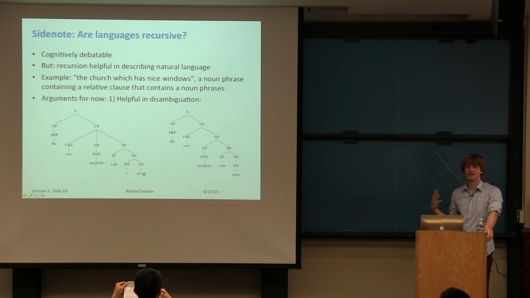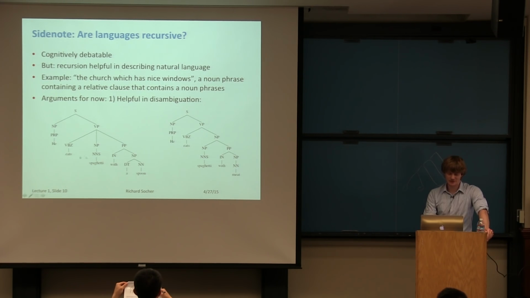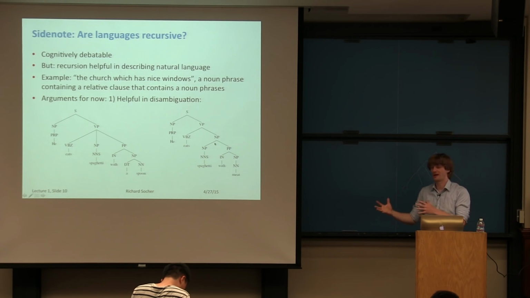So if a computer was to read this sentence, he eats spaghetti with a spoon versus he eats spaghetti with meat, how can we know whether the computer understands that when I say with a spoon, I actually mean that I modify the way I eat the spaghetti, as in this PP should attach to the verb phrase, versus when I say he eats spaghetti with meat, this PP, which also has some noun phrase inside of it, actually attaches to the type of spaghetti, because we're not modifying how we eat, we're modifying what we eat.